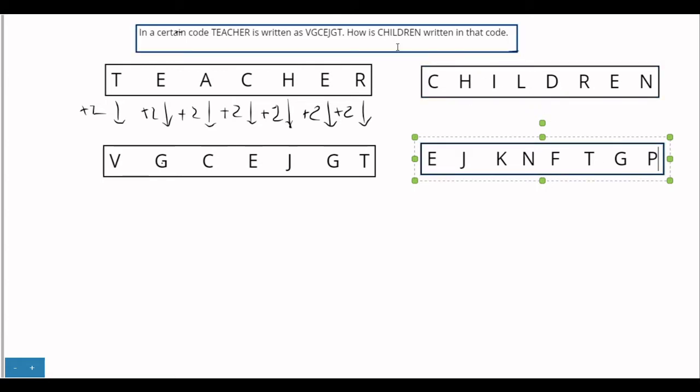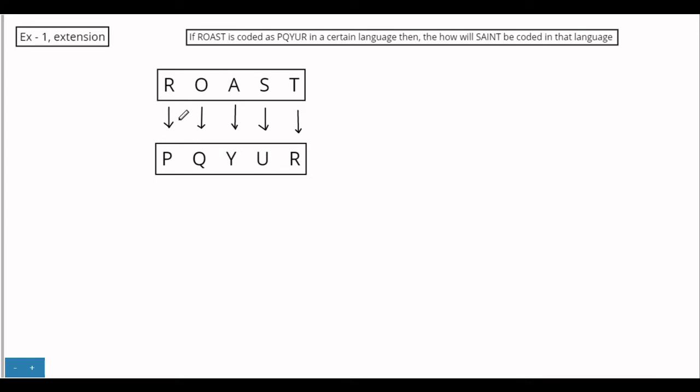On to the second. Now before we go into the second example, I want to show you guys something. Here in this question, P comes before R. So it'll be P, Q, R. So that basically means it's minus 2. But now over here, Q doesn't come before O. It's O, P, Q. So it's plus 2.